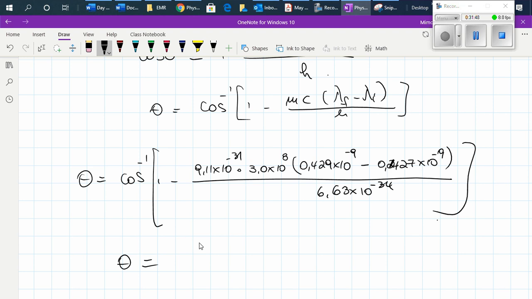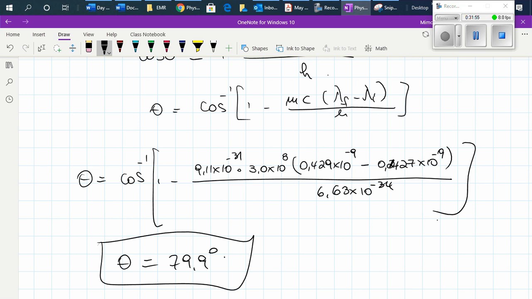So angle theta is 79.9 degrees, almost 80 degrees.